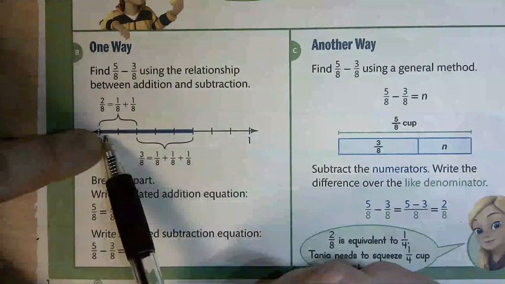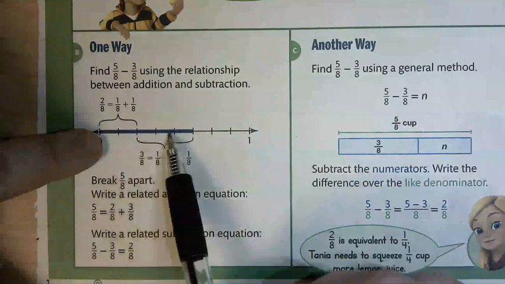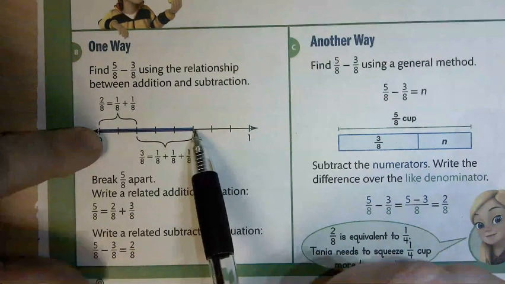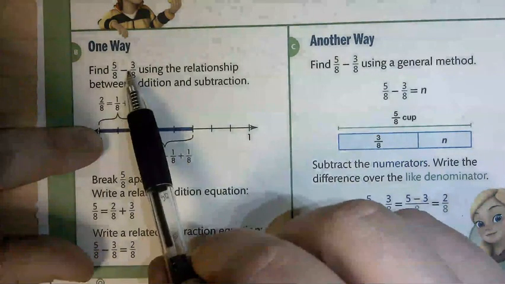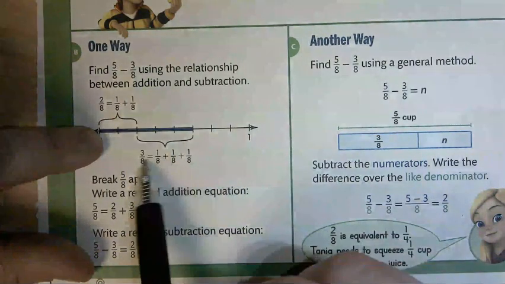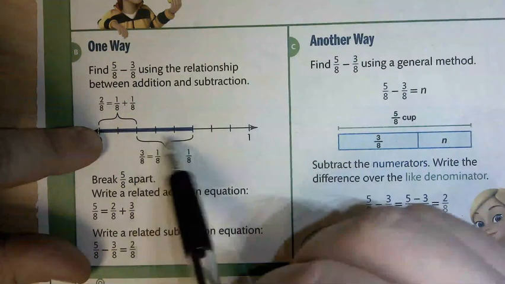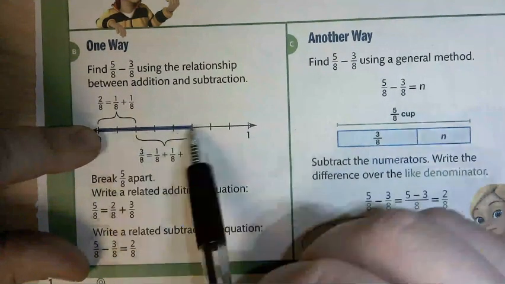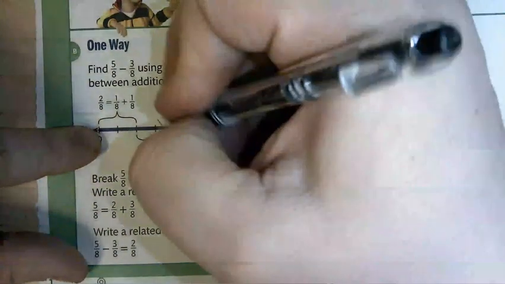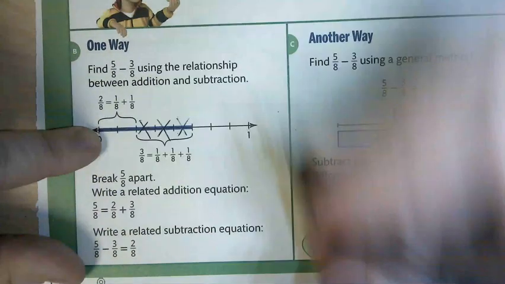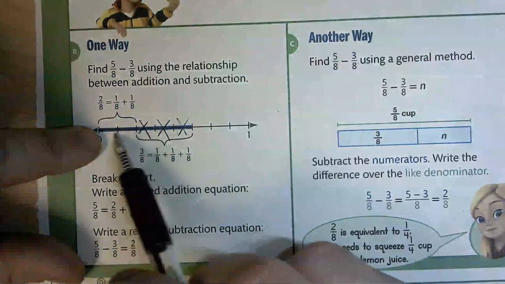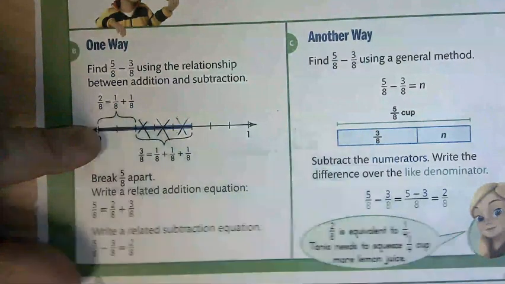Here I'm starting with 1, 2, 3, 4, 5/8, and I can take away 3/8. I know that 3/8 is 1/8 plus 1/8 plus 1/8, which is these three parts. These are the parts we're crossing off or taking away. What do we have left? Well, we have 1/8 plus 1/8 is 2/8.